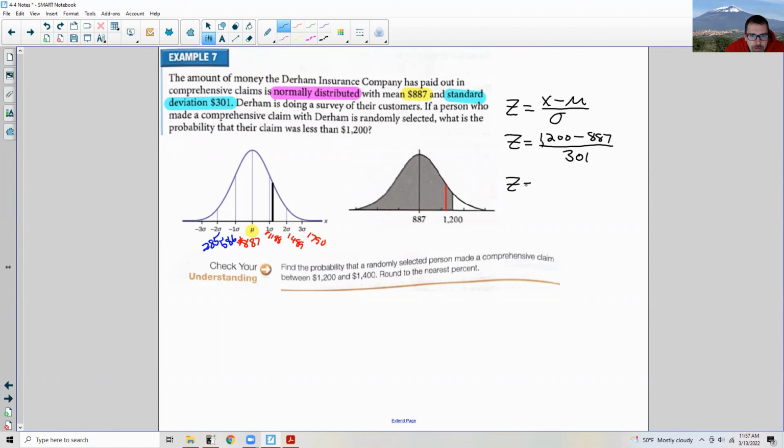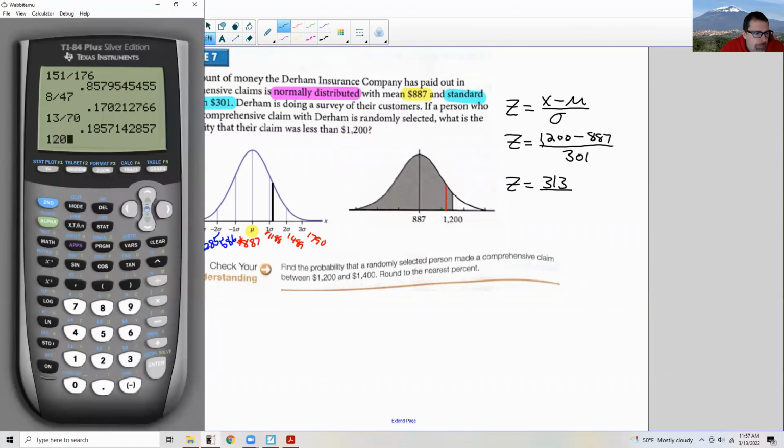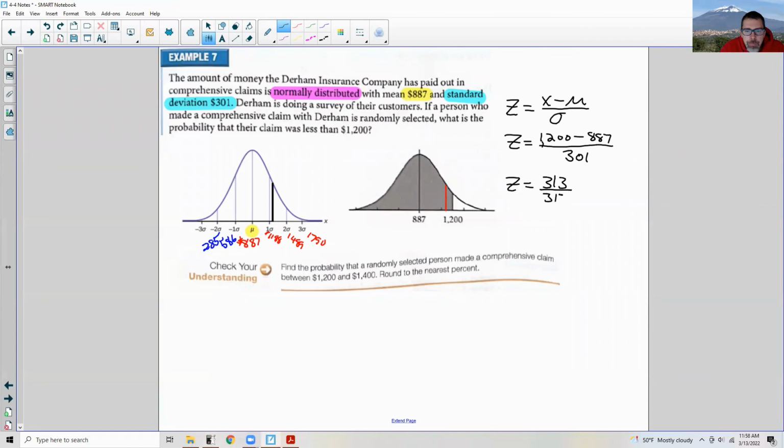So when I simplify this, I get 313 over 301. Is that right? 1,200 minus 887. Oh, it is right. 313 divided by 301.